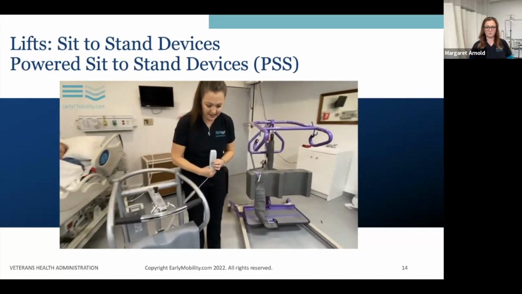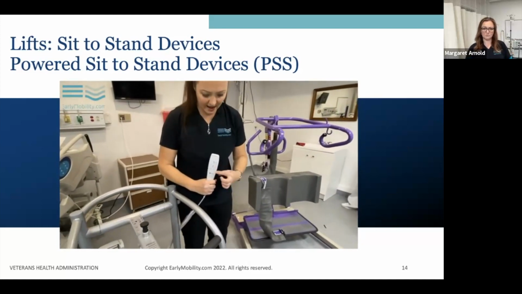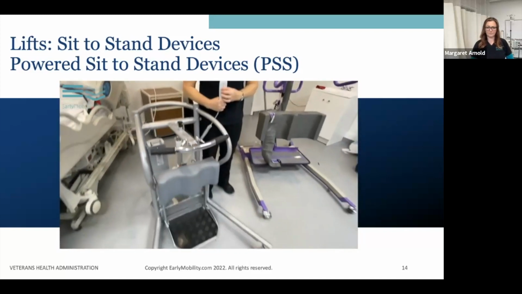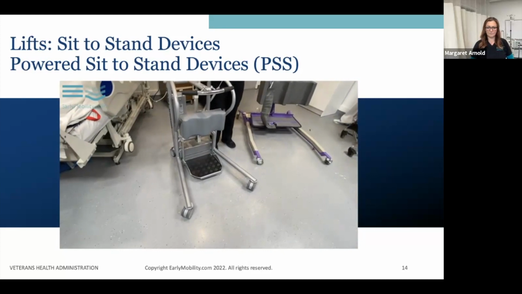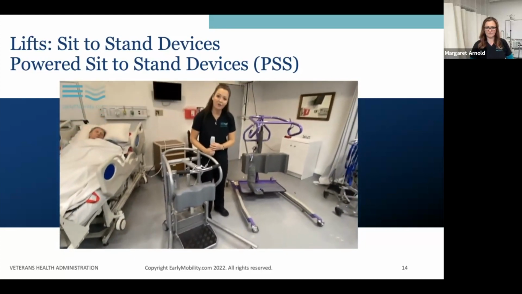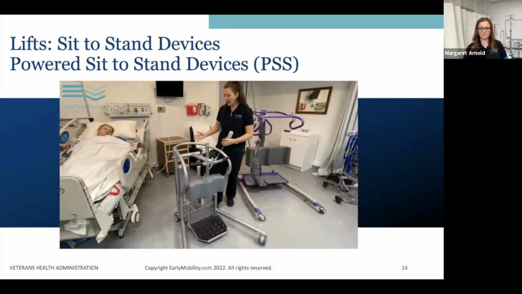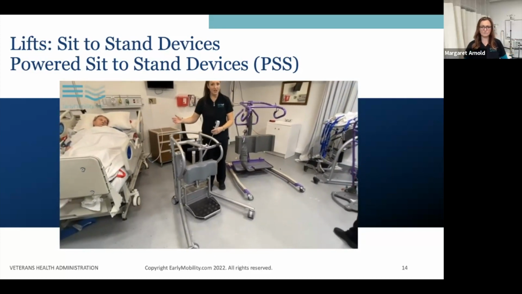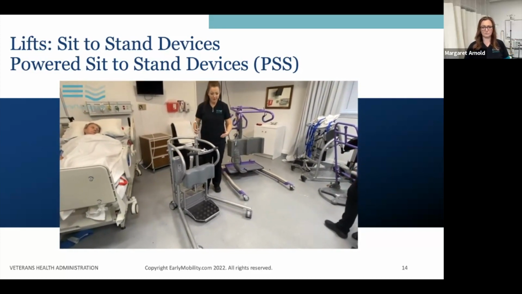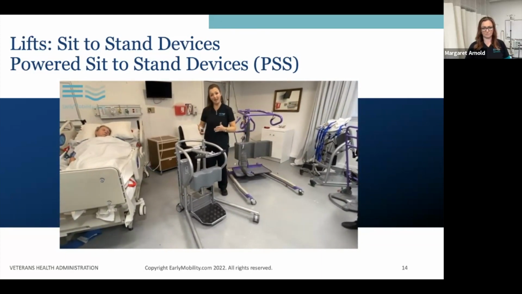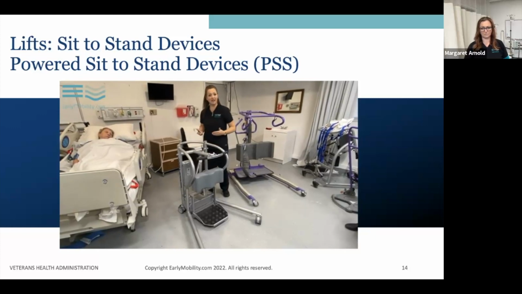Most of your sit-to-stands also have this button that the wheels go out and back in again. And if you look at the wheels, they'll power out and power in. This helps you get around wheelchairs or jerry chairs, or if the bed that you're going underneath has a 5th wheel, sometimes you need to maneuver the wheels out or back in to be able to get in under the bed.